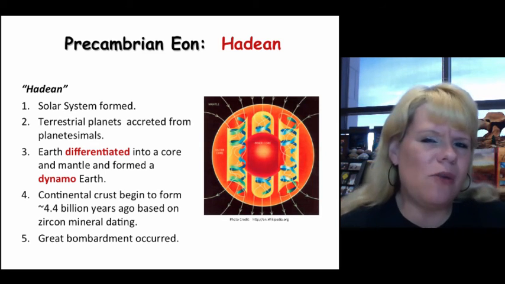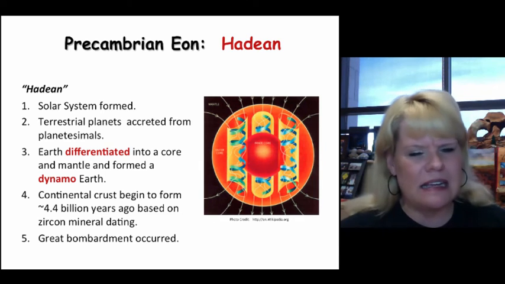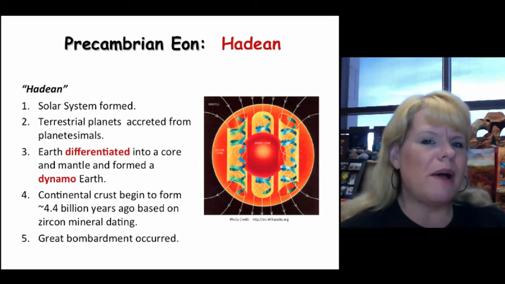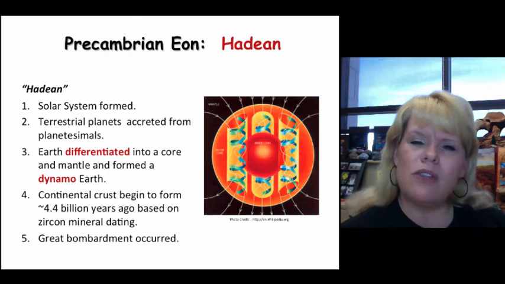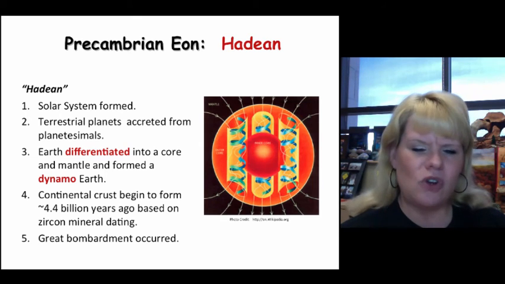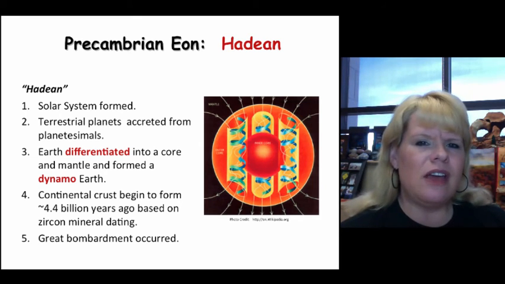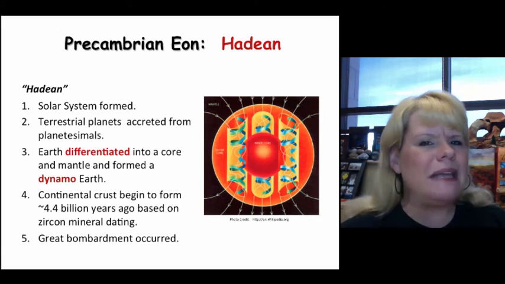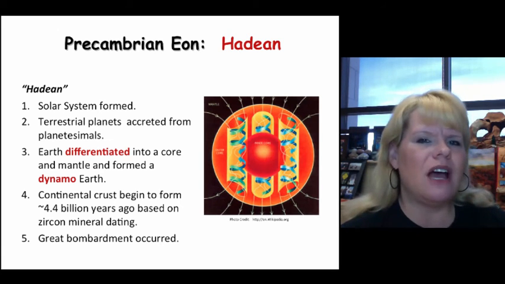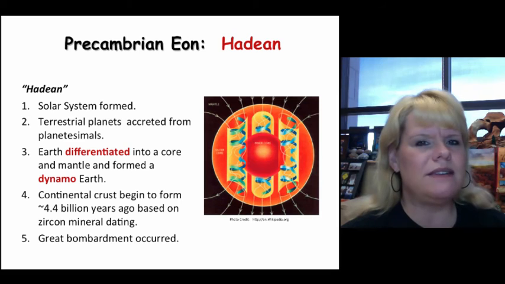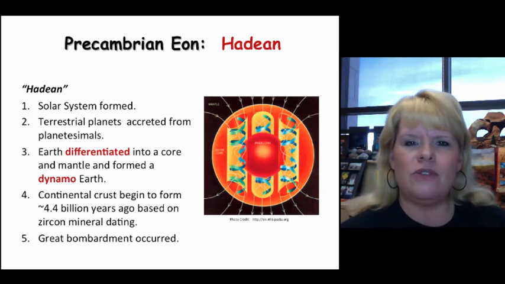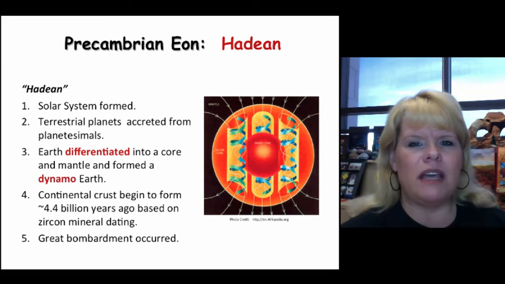So another important thing to point out about the Hadean is continental crust started to form about 4.4 billion years old. We know that because of zircons that I just mentioned earlier. Towards the end of the Hadean and at the very beginning of the Archean, we have a period called the Great Bombardment. This was a time when the Earth was being hammered.